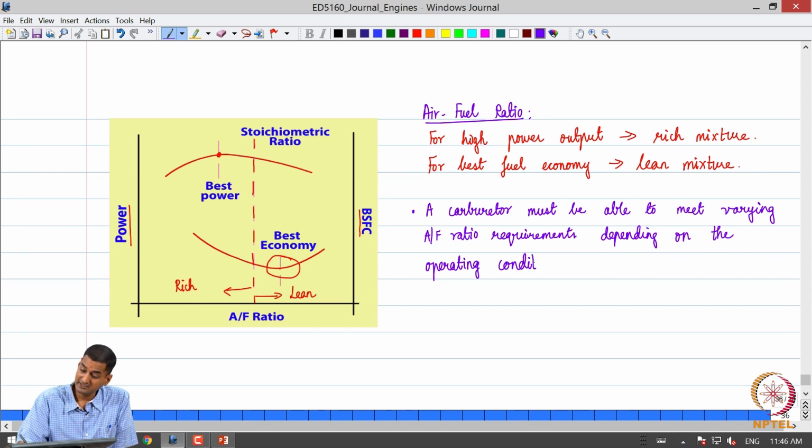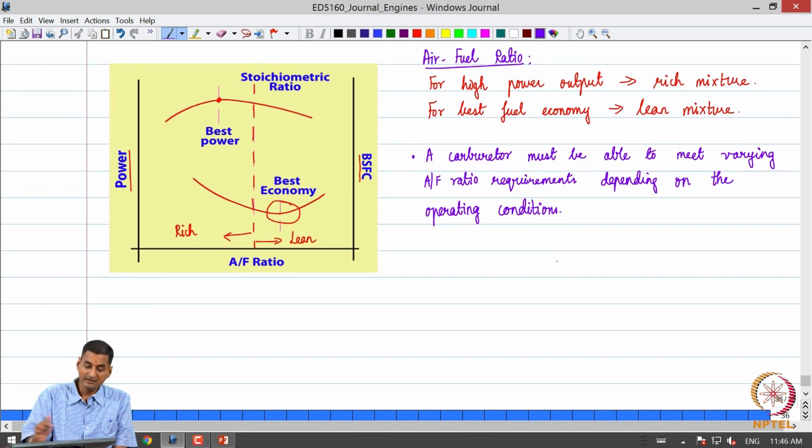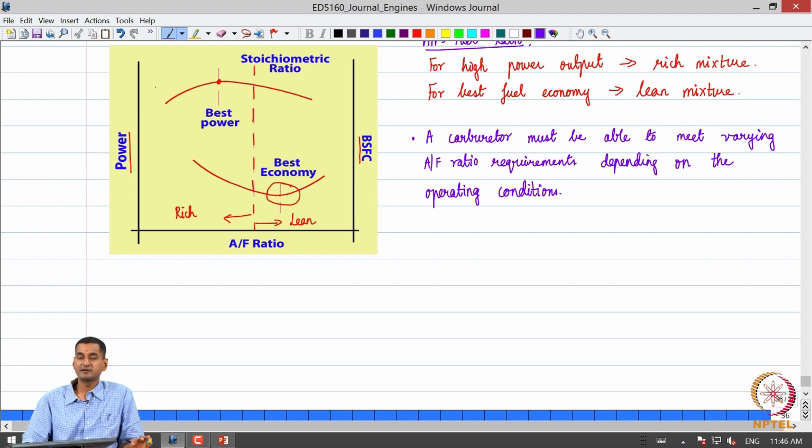One can immediately realize that we need the device to have this capability to vary the air fuel ratio depending on the requirements.